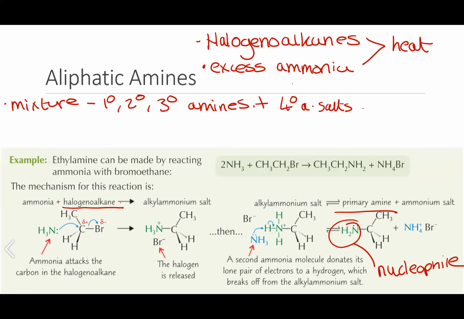As long as there's some of the halogenoalkane around, further substitutions can keep taking place until you get to a quaternary ammonium salt. That can't react any further as it has no lone pair.